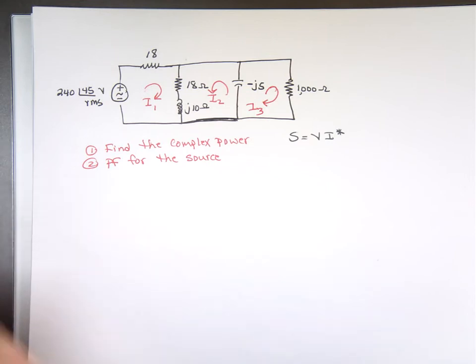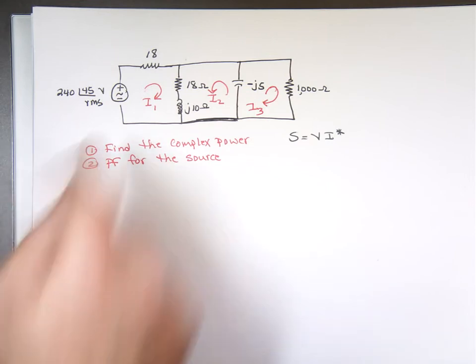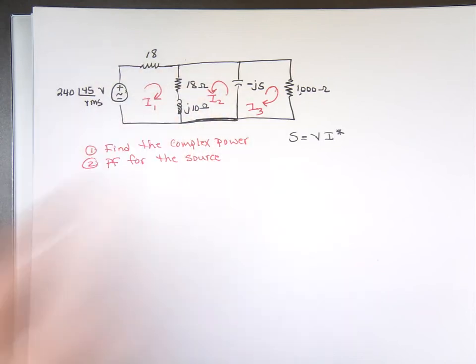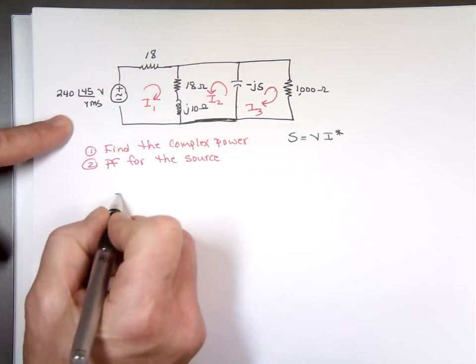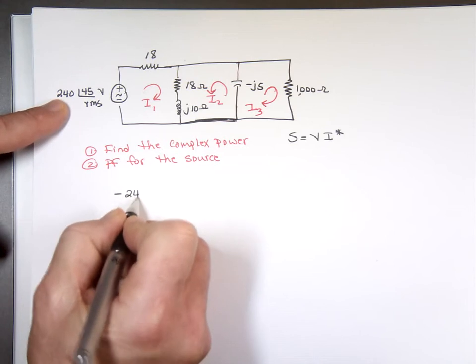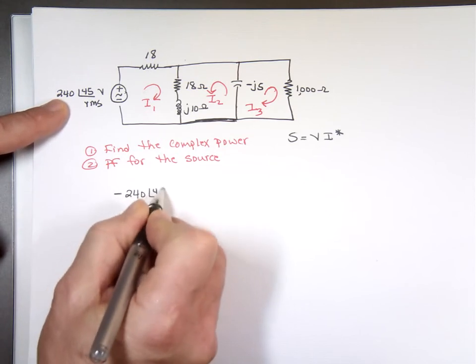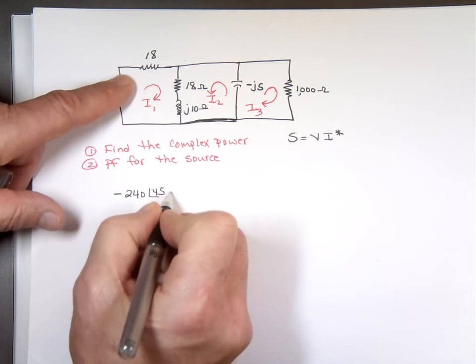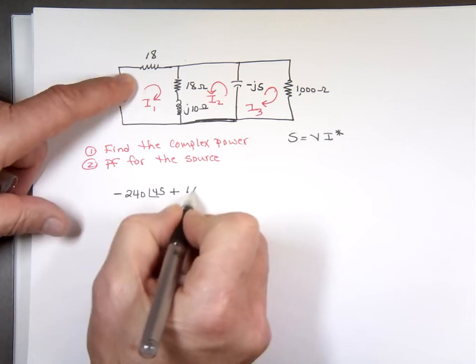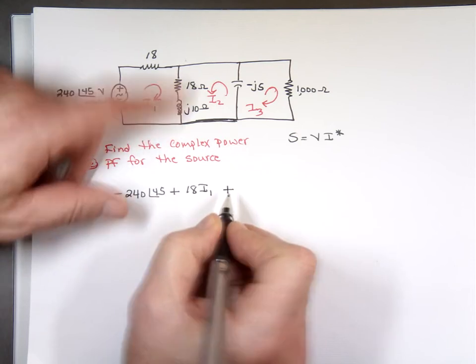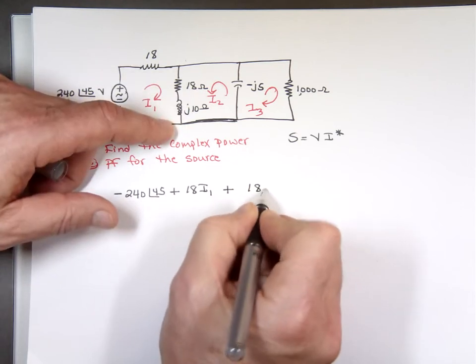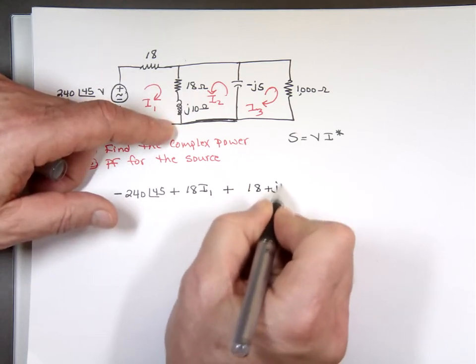And you'll see why we alternate the direction, because if you do KVL right here for this loop, we say what? Negative. I like to use negative for when you're entering the negative value. It really doesn't matter. Plus 18 times I sub 1 plus, you can combine these together, 18 plus J10.